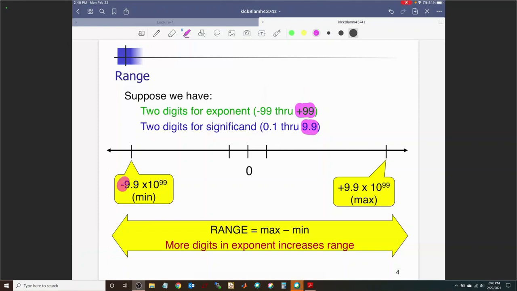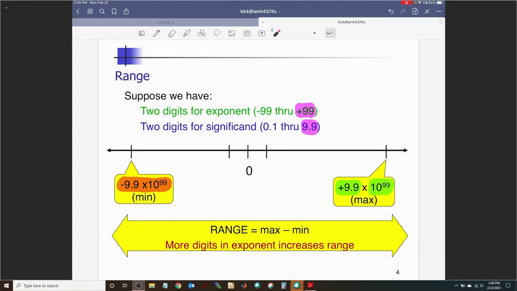However, the highest number is going to be positive 9.9 multiplied by 10 raised to positive 99, right? So that's going to be the maximum. Now, once you have the least number and the maximum number you can represent, the difference between the two is essentially going to give you the range of numbers you can represent using these 2 digits for exponent, 2 digits for significand.